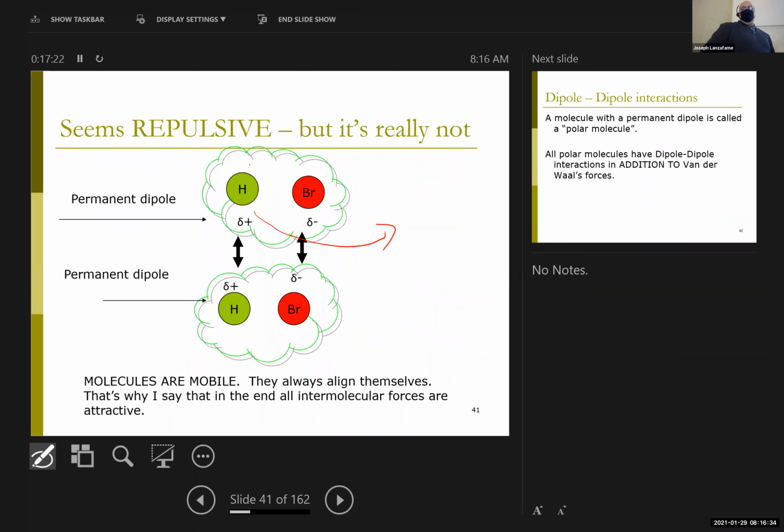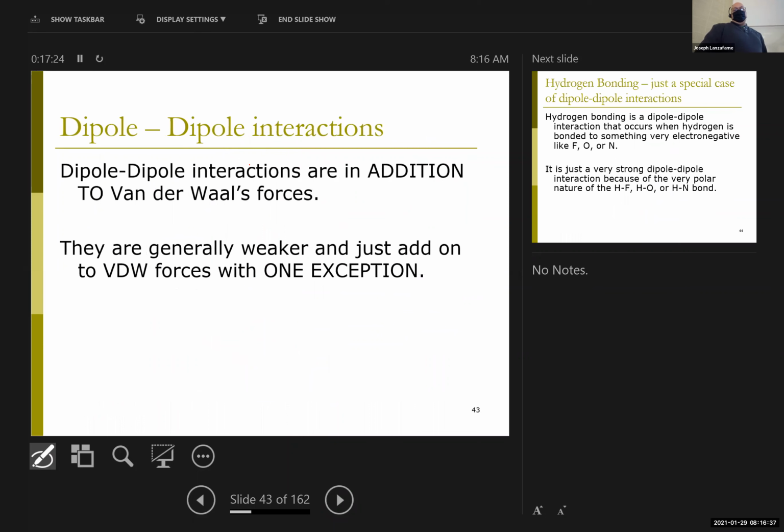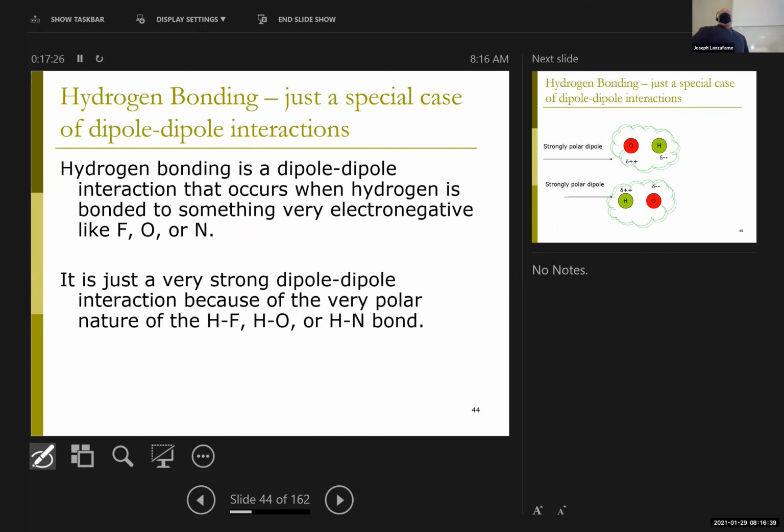If that polar bond is really, really polar, I have what is called a hydrogen bond. But again, it's really just an extra strong dipole-dipole interaction. So it's still the interaction between two molecules that have a polar bond. It's just an especially polar bond.